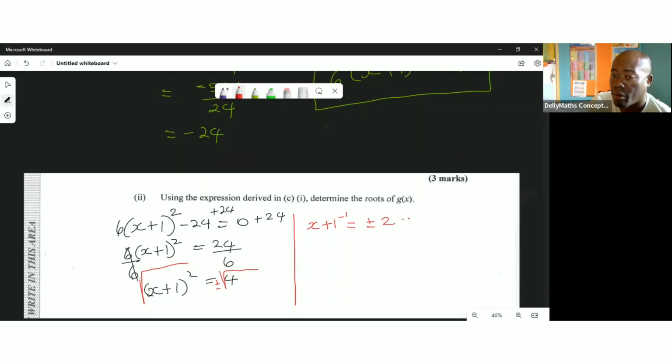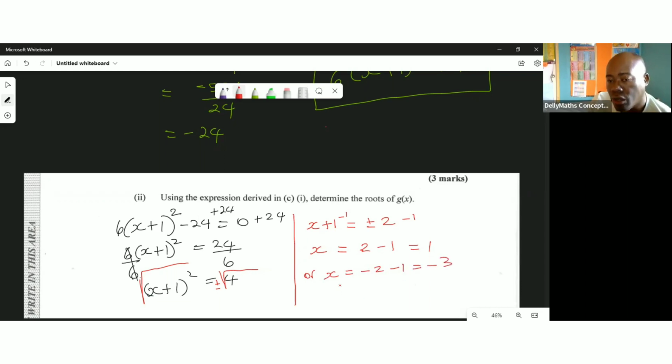So what I'm looking at here is x is going to equal 2 minus 1, which is going to give me a 1. So that's one case. Or x is equal to −2 minus 1, which is going to give me a −3.